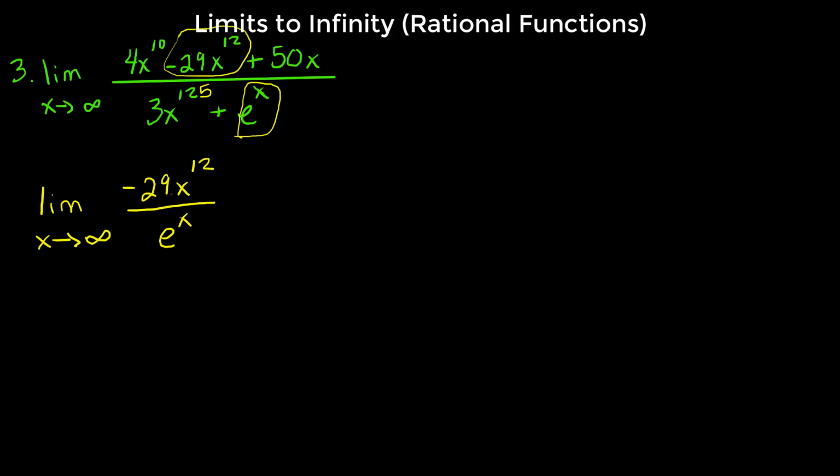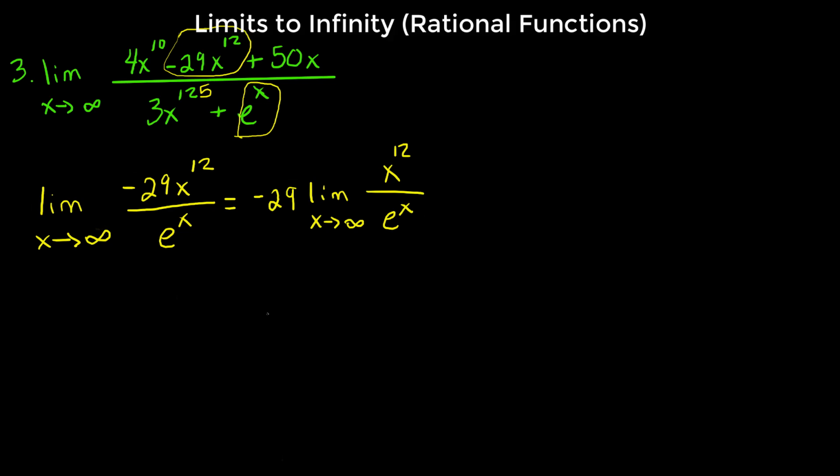I'm going to remove any constants, any negatives, by just factoring them outside of the limit. Because remember, the limit of a constant times a function is the same as the constant times the limit of the function. That is one of our properties of limits. So this is equal to negative 29 times the limit as x approaches infinity of x to the 12th over e to the x.